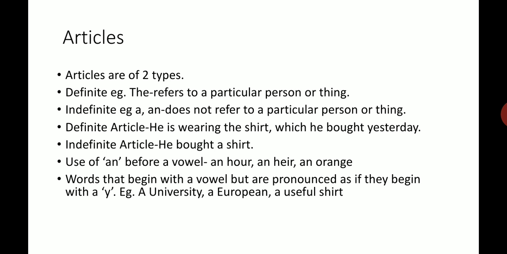An ant, an eye, an orange, an air, an R. If the first letter of a word is a silent H, it is treated as a vowel for this purpose, and the example is there in your slide. Some words begin with a vowel but are pronounced as if they begin with a Y and are therefore preceded by a. For example, a university, a European, a useful shirt.